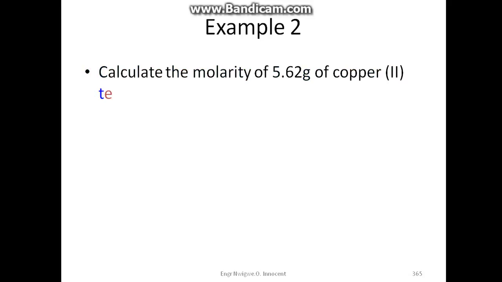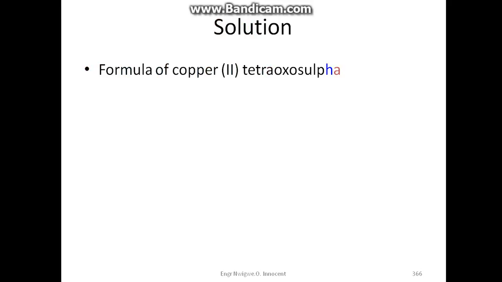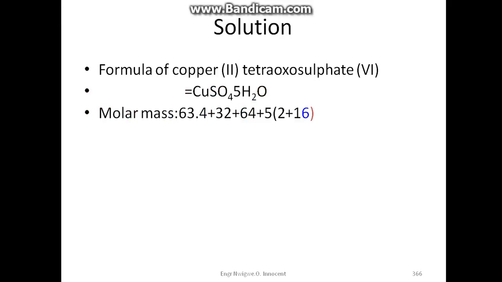Example 2. Calculate the molarity of 5.62 gram of copper(II) tetraoxosulfate(VI), CuSO4.5H2O, in 1 dm cube of the solution. Solution. Formula of copper(II) tetraoxosulfate(VI) is CuSO4.5H2O. Molar mass.